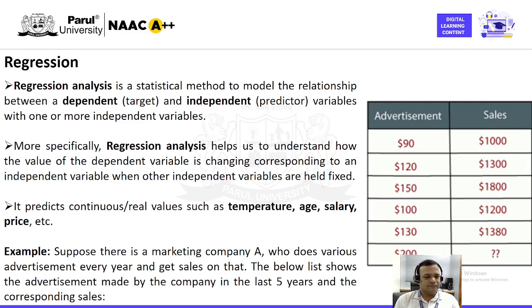Okay. For example, suppose there is a marketing company, which does various advertisements every year and gets sales on that. The list shows the advertisements made by the company in the last 5 years and the corresponding sales. A $90 expenditure on the advertisement gives sales of $1,000.